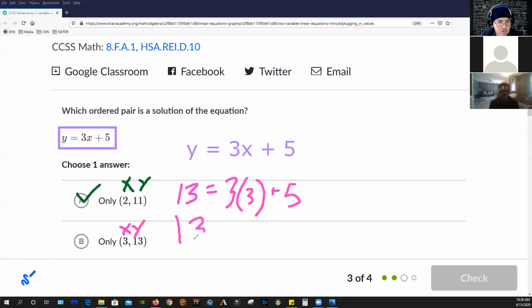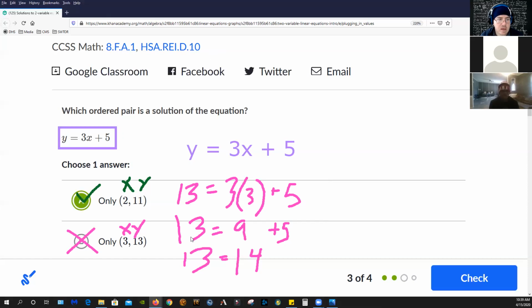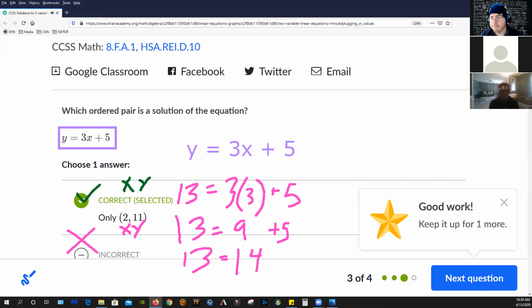So 13 equals 3 times 3 is 9, plus 5. Uh-oh. I don't think so, because this one's trying to tell us that 13 equals 14, which is no bueno. So I don't think we can pick B as a solution to this system. So what we would only pick is A. Yep.